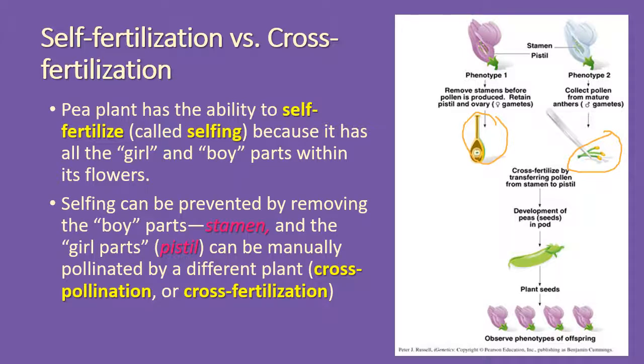And so this is the girl and this is the boy, and the boy parts has the pollen, and so the pollen ends up in the girl parts, and that's how you get a new plant. So with self-fertilization, you just allow that to happen. If you don't want the plant to self-fertilize, then you remove those anthers so that there's no pollen there to fertilize the plant, and then you can take anthers from a different plant and fertilize the pistil on purpose, and that's how you do cross-fertilization.